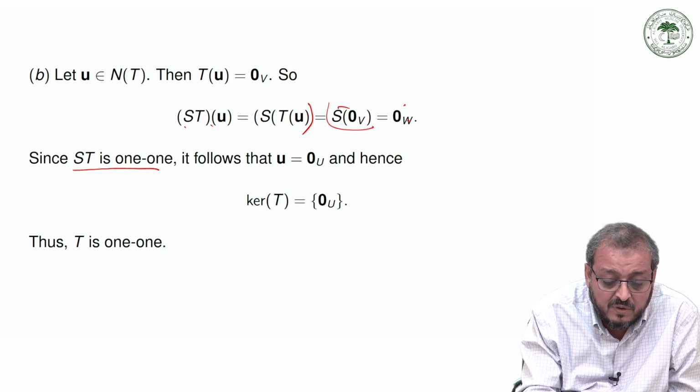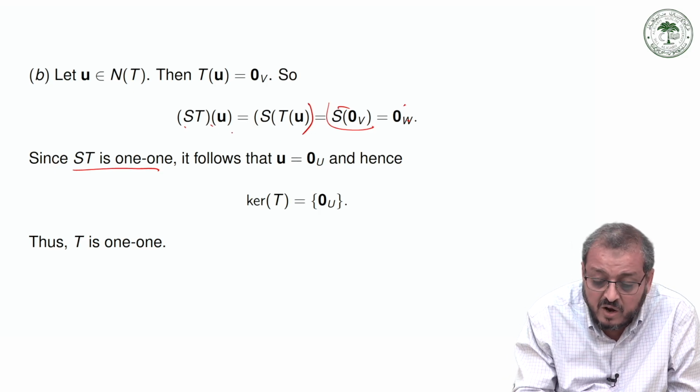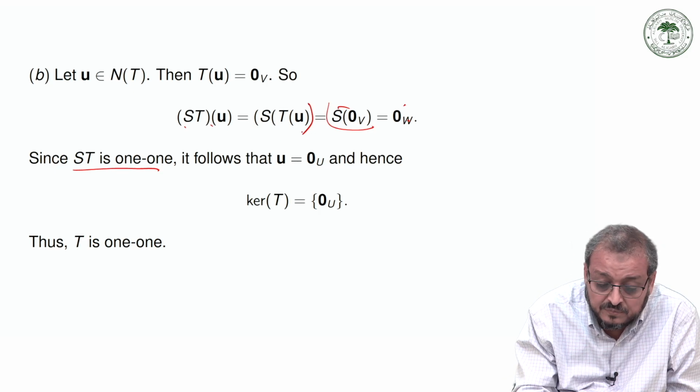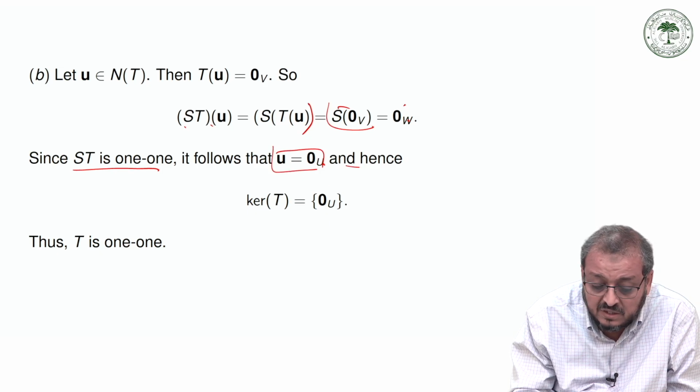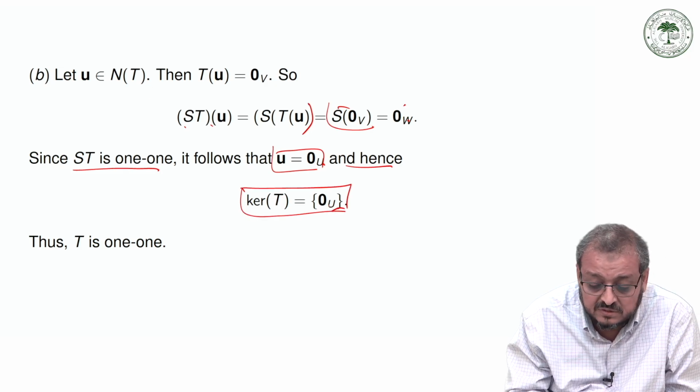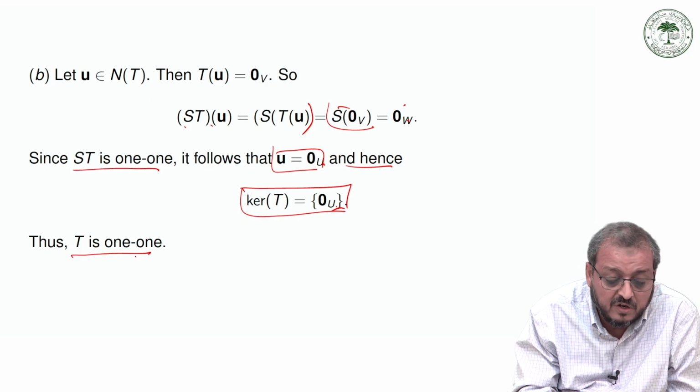Since ST is one-one, it follows that STU equal to 0 implies U is equal to 0 of U. Hence the kernel of T is nothing but the zero subspace, then T is one-one.